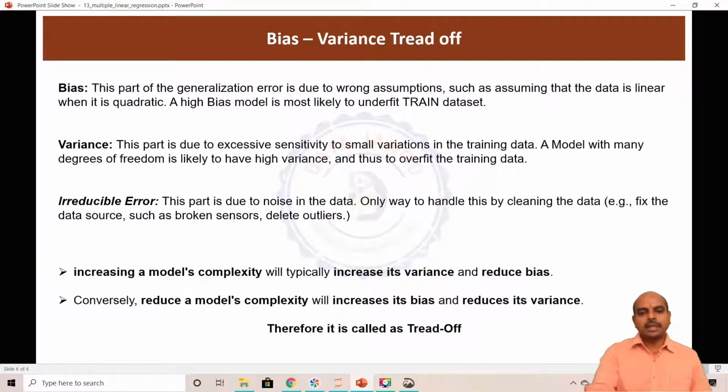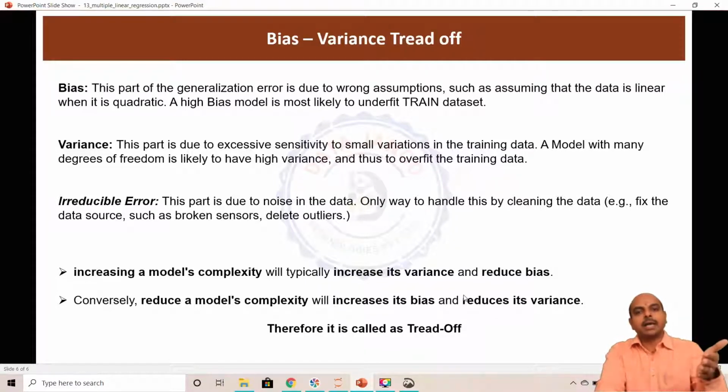Increasing the model's complexity will typically increase its variance, or make the model overfitted, and reduce the bias. When the model is overfitted, underfitting reduces. When the model is underfitted, overfitting reduces. If the model has high variance, it is going to have low bias.